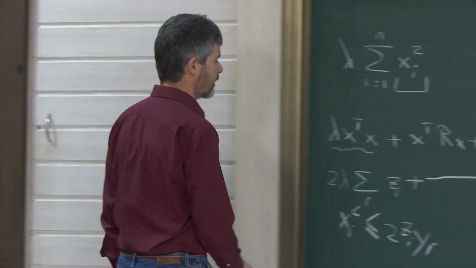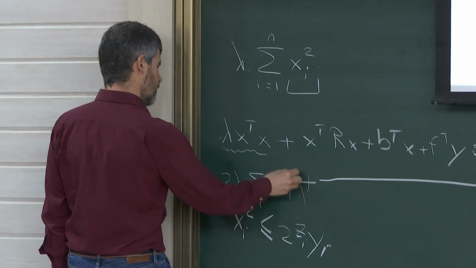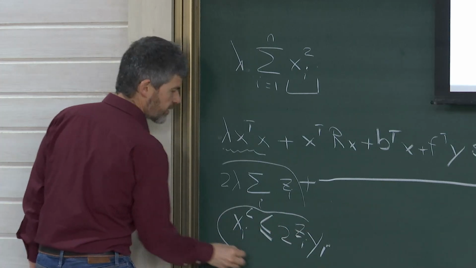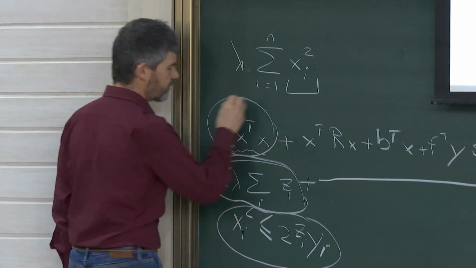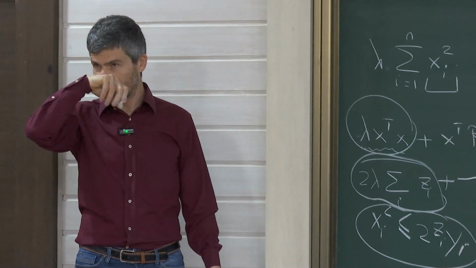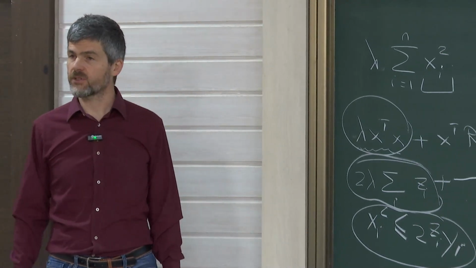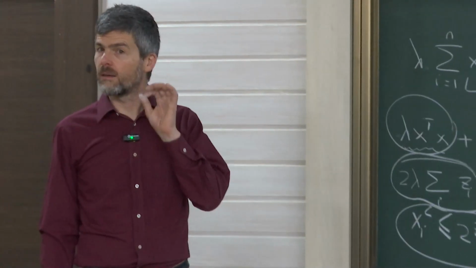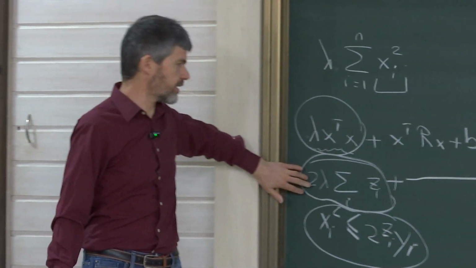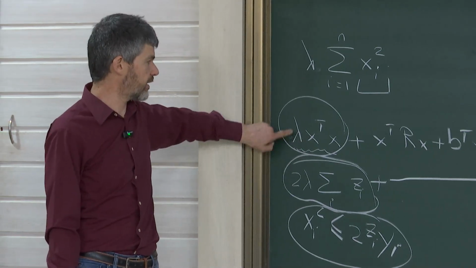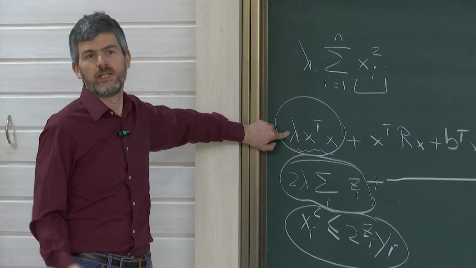Can you prove that, based on this information, this is stronger than that? What do I mean by stronger, by the way? Yes, this inequality generates a subset of this inequality.